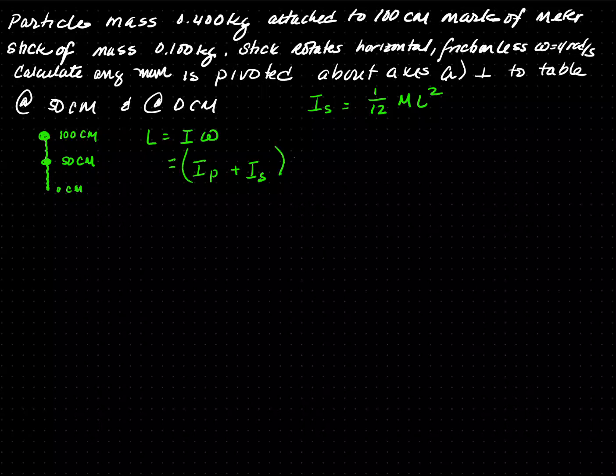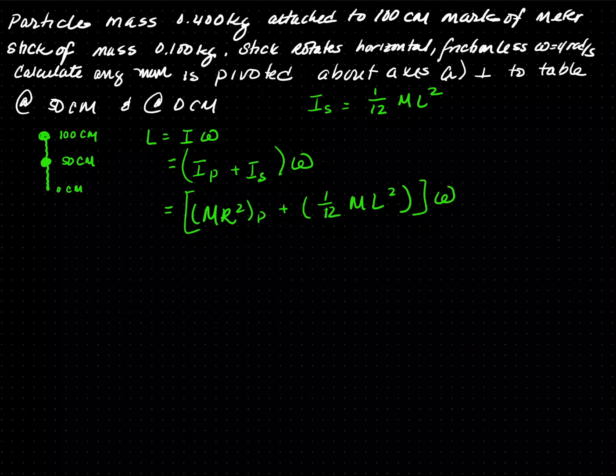This is going to be multiplied by omega. We know for point masses, it is mr squared plus the moment of inertia of the stick, which is 1/12 mL squared. And this whole thing needs to be multiplied by omega.